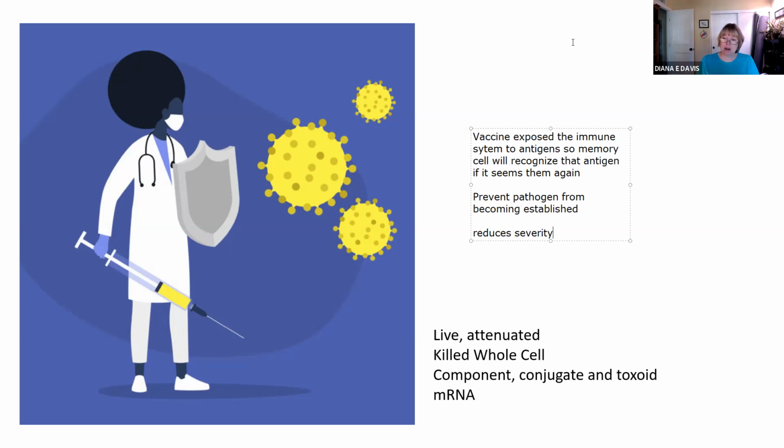So with mRNA vaccines, we're injecting that messenger RNA into your cells, and your cells now make the antigen. So your cells are manufacturing that antigen. The immune system can then see that antigen, respond to it, remember it.